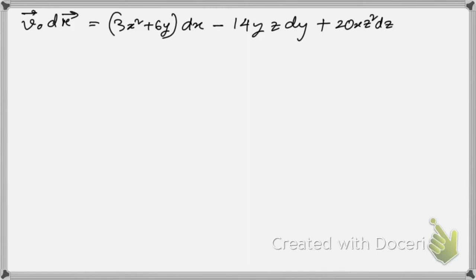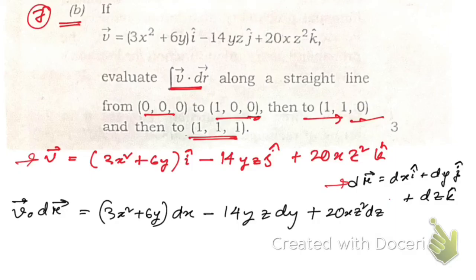Now if you read the question, we need to find this integral along the straight line from the point (0,0,0) to (1,0,0). Let's find that one first.